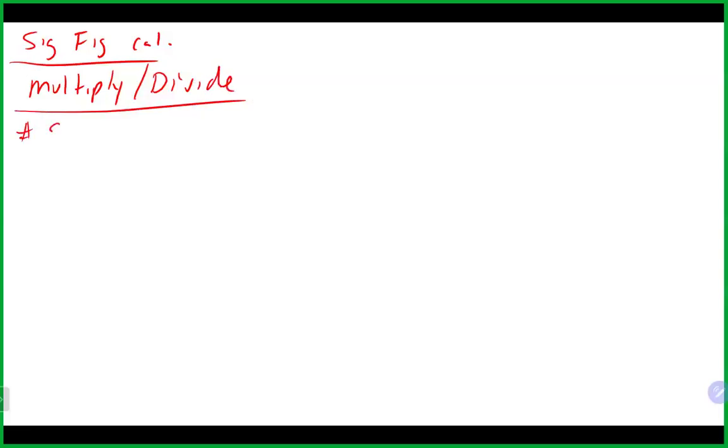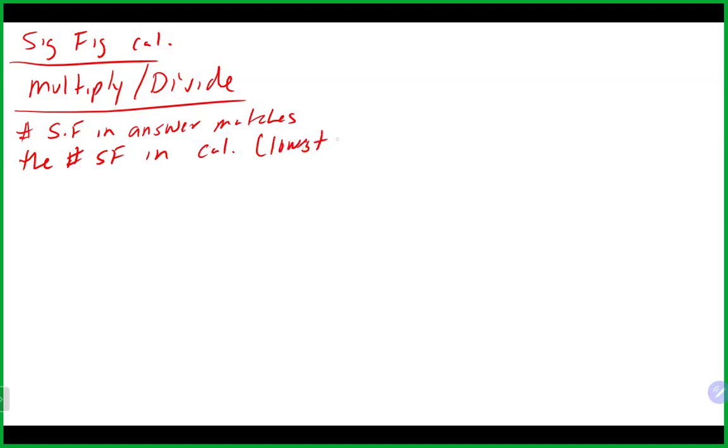So the number of sig figs in your answer matches the number of sig figs in your calculation, the lowest number of sig figs. So the lowest number of sig figs is what you're looking for. The low sig figs is how many sig figs your answer could have.